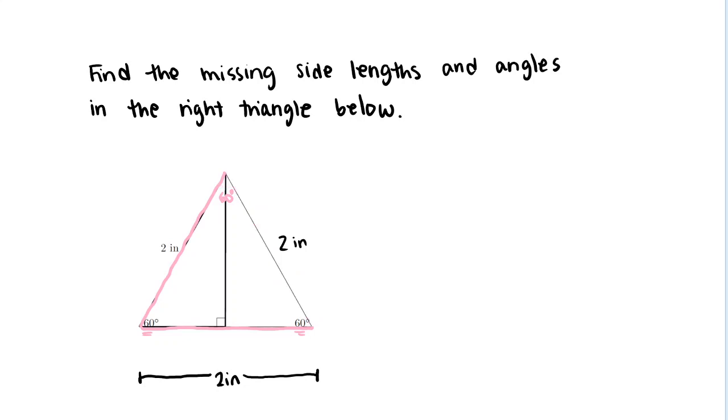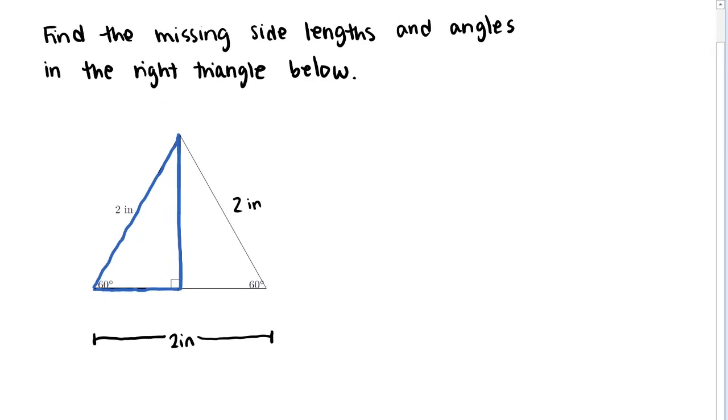Okay, so here maybe I'll erase some of this picture. We're really interested in finding out the side lengths and the angles for this right triangle. And notice that it really makes up half of this equilateral triangle. And so it feels reasonable to say that this top angle will be 30 degrees. And we can actually get there a little bit more precisely.